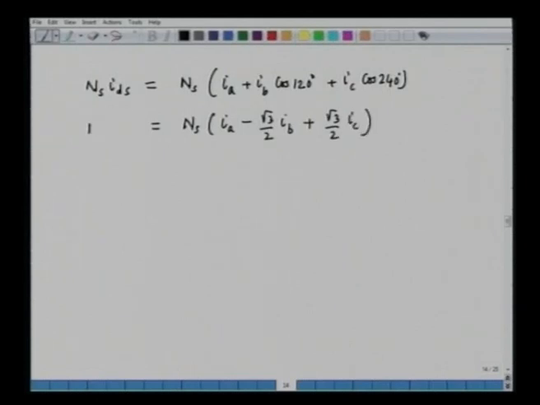Actually, this is minus half and minus half. So, we can simplify this: IDS equal to IA minus half IB minus half IC.